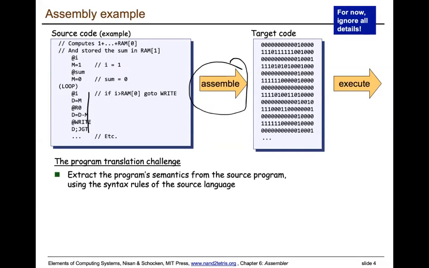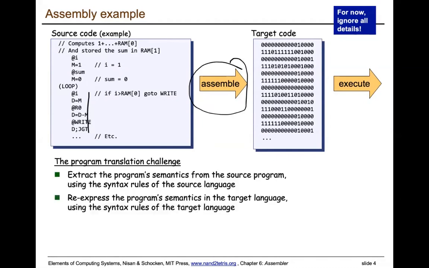The program's challenge is to extract the program's semantics from the source program using the syntax rules of the source language. How do we do this? We have the A instruction and the C instruction. Then we re-express the program semantics in the target language, using the syntax rules of the target language.